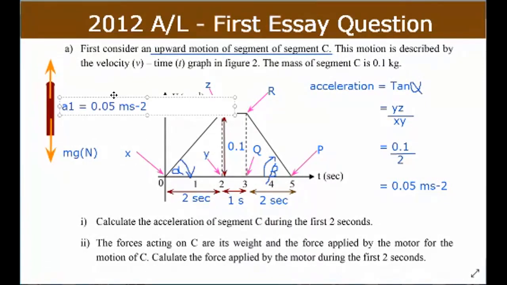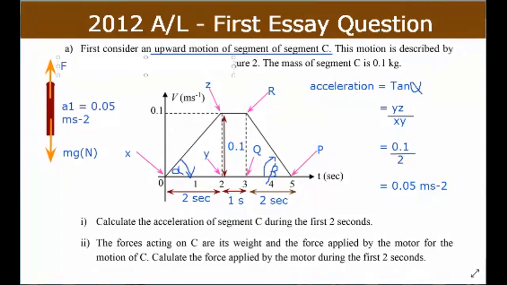So for the segment C to be moved up, there must be an upward force. Let me take that force as Fm. Fm means force given by the motor. Would you please draw this figure here? Then the story will be much clearer for you. So Fm is the force given by the motor, right?